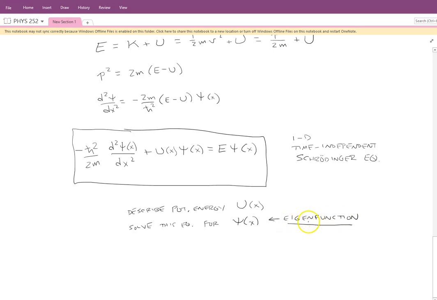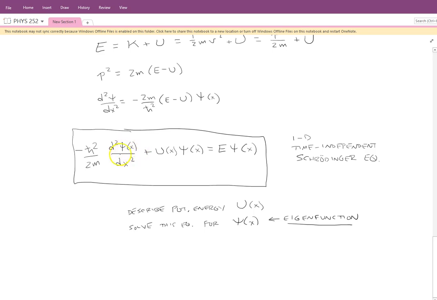If you've taken linear algebra, or maybe even in differential equations, you talk about eigenvalue problems. This is actually an eigenvalue problem. The reason we call it an eigenvalue problem is if you look at the left side, it involves what we would call operations on the eigenfunction psi of x.